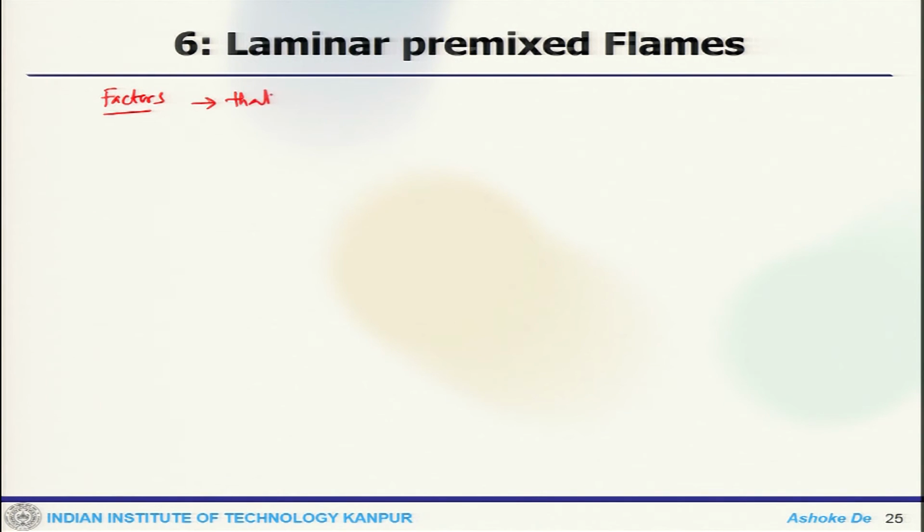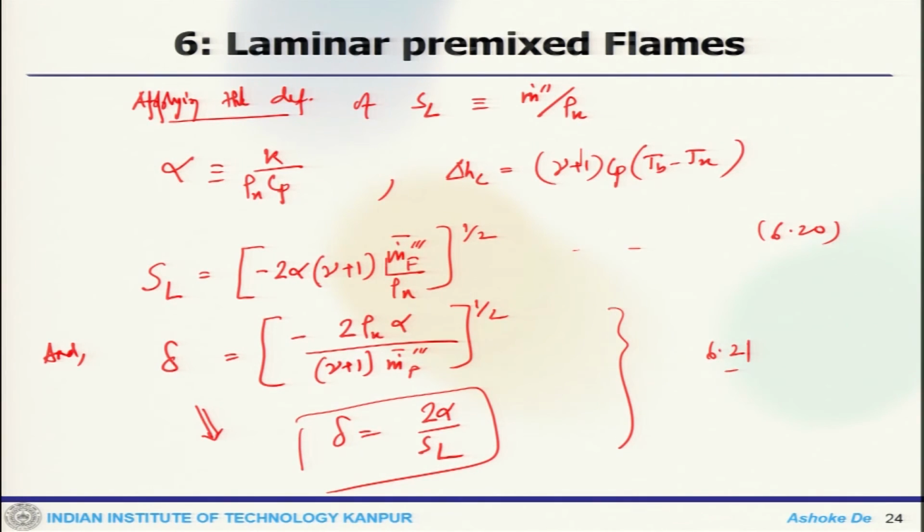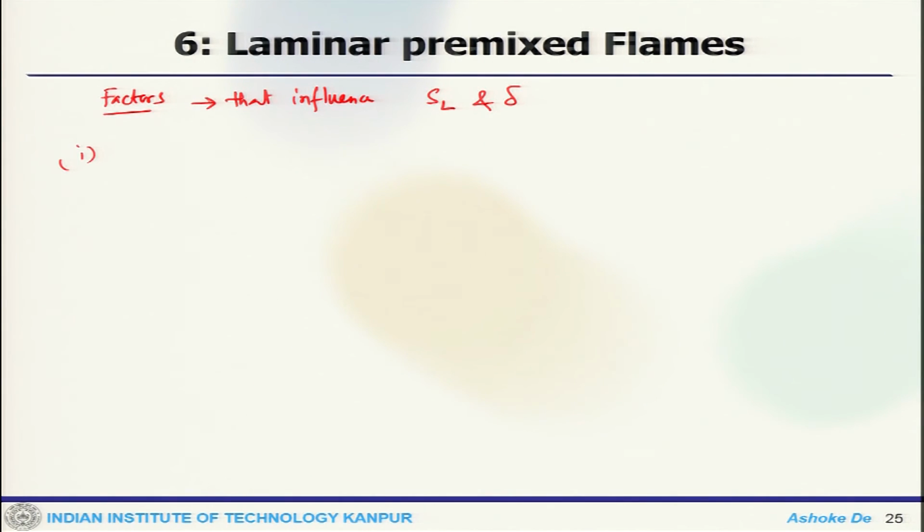One thing you can immediately notice, from these two equations 6.20 and 6.21, is that SL has a dependency on temperature. SL or delta is a function of temperature.